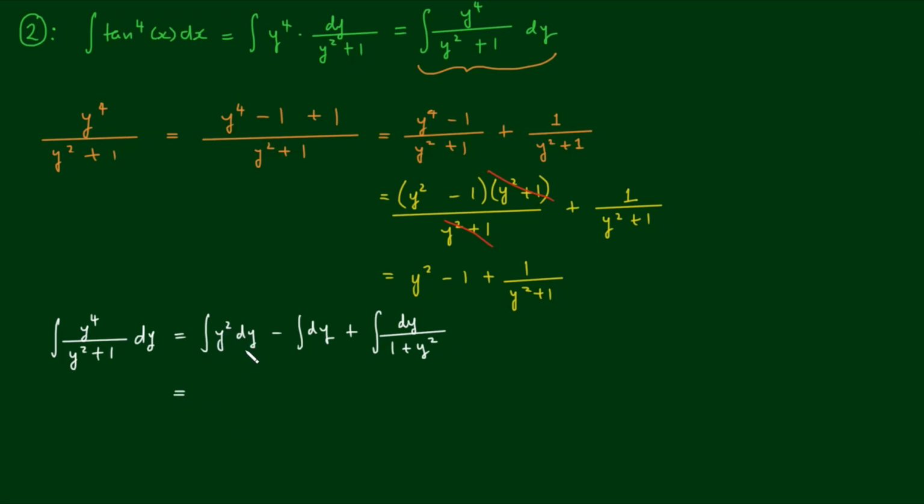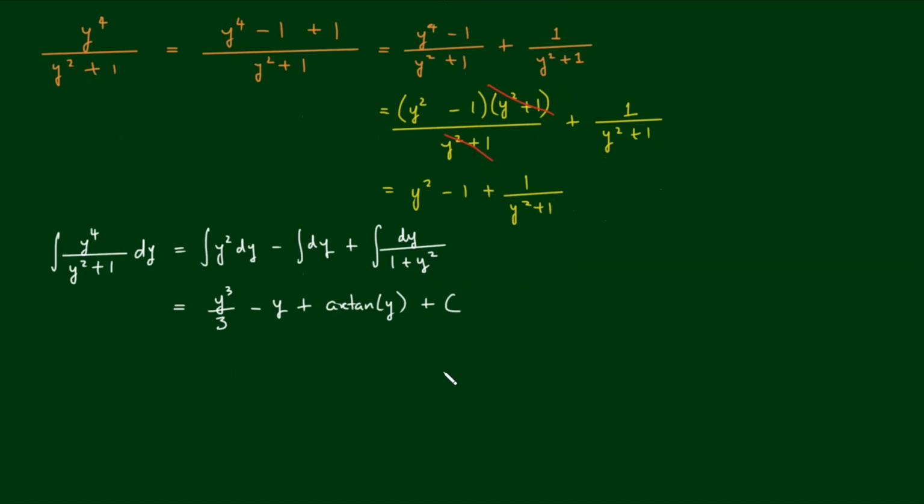So the first integral is simple enough, it's just a power integral. The result is y cubed on 3, increase the power by 1, divide by the new power, minus the second integral is simply y, and the third integral is arctan, or the inverse tangent of y. Okay, I'll link a video to how we get this result in the description, and don't forget the integration constant plus c being an indefinite integral.